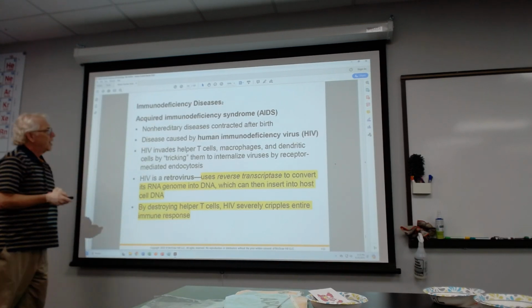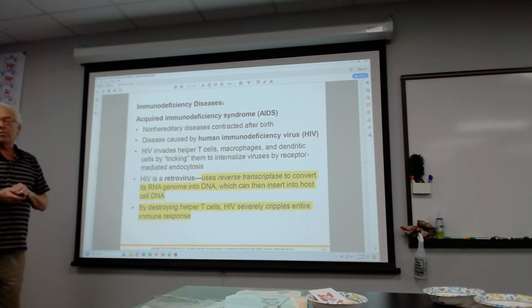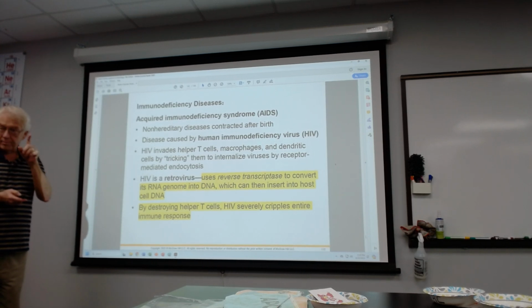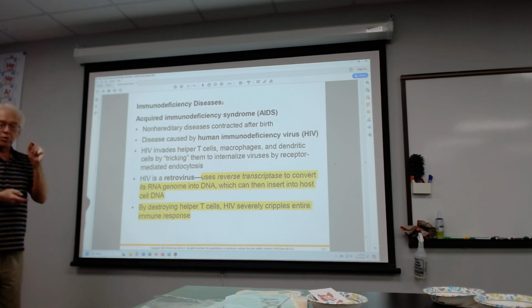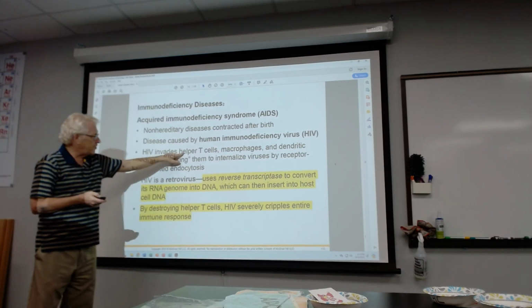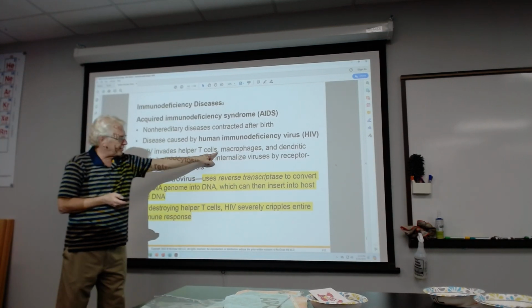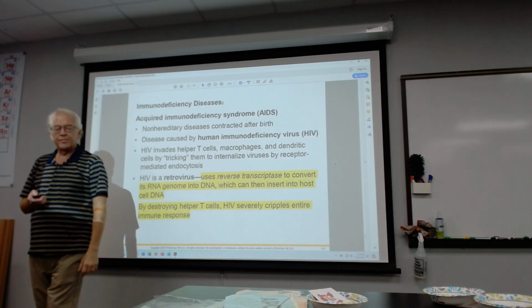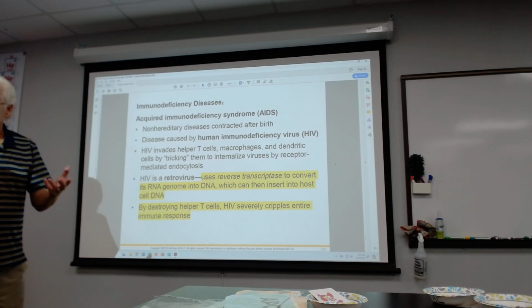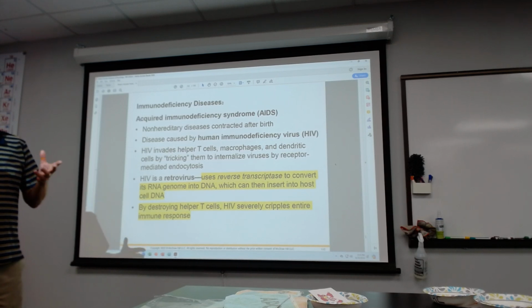And then, of course, you got AIDS, where you've acquired immune deficiency because the HIV virus kills who? All the helper cells. Got it? The HIV invades the helper cells and other things like macrophages and dendritic cells. So when you start destroying the guys whose job is to help protect you against bad guys, guess what?